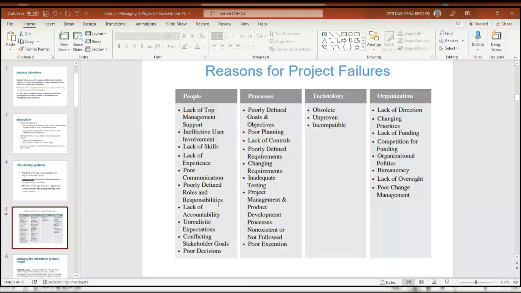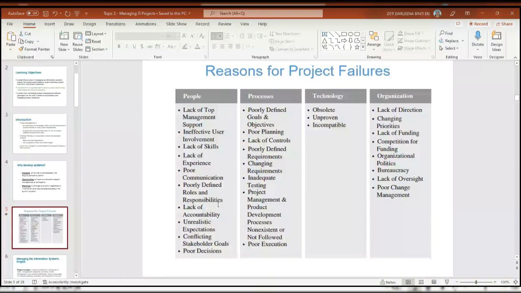Tapi banyak juga project fail. So apakah faktor dia? So faktor dia terbahagi pada 4 pillars ataupun 4 segmentation here. 1 people, 2 proses, teknologi, ni tak ada dalam significant order. People, process, technology, organization.